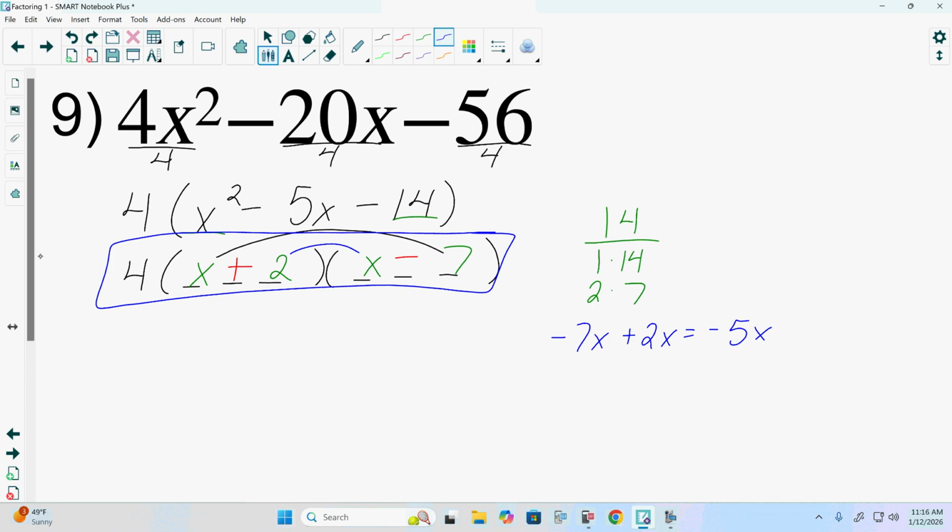Now, especially if this does show up on the ACT, factoring given the following polynomial, factor it completely. Again, I'd be paying attention to your answer choices. We know 4 is the greatest common factor. For it to be factored completely, it has to be pulled out front. That means any of the answer choices that does not have 4 as the greatest common factor out front, we can remove, which is kind of nice on the ACT.